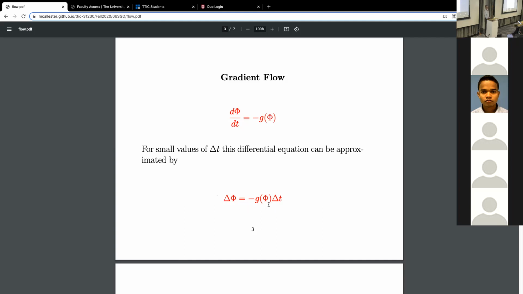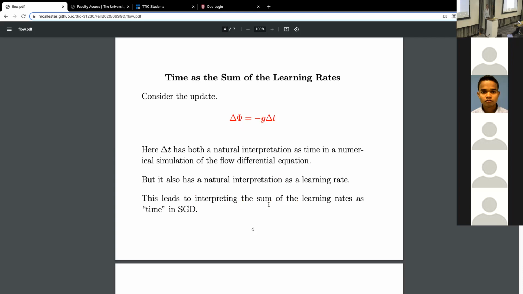The change in the parameter value is minus the derivative times delta t. If you look at this, that should look a little bit familiar, right? The only thing that's happened here is that delta t looks like a learning rate. So what I'm arguing is that, if delta t looks like a learning rate, then total gradient descent, not SGD, a total gradient update with a learning rate, is just a numerical approximation of that differential equation.